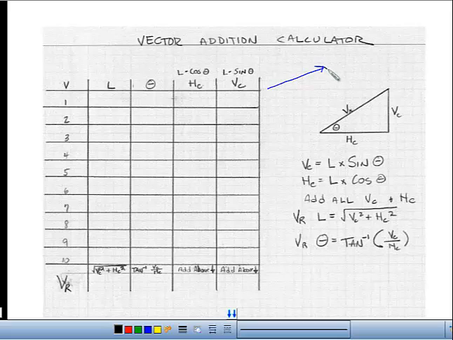a vector that has a negative phase displacement. You really have to keep track of that negative angle, this negative angle. As long as you do that, you will come up with a negative vertical number. So if you have, say, a negative 20 degree phase angle, you'll have a negative vertical.